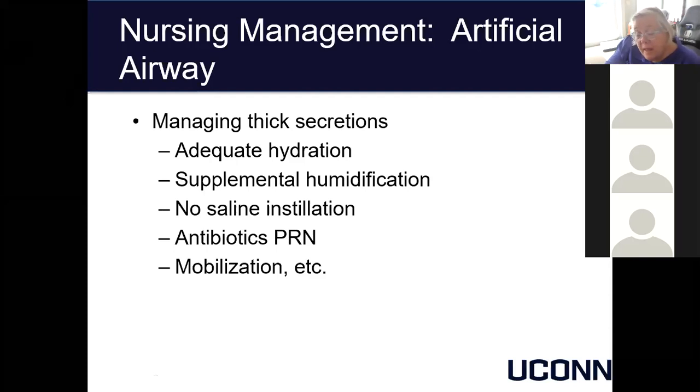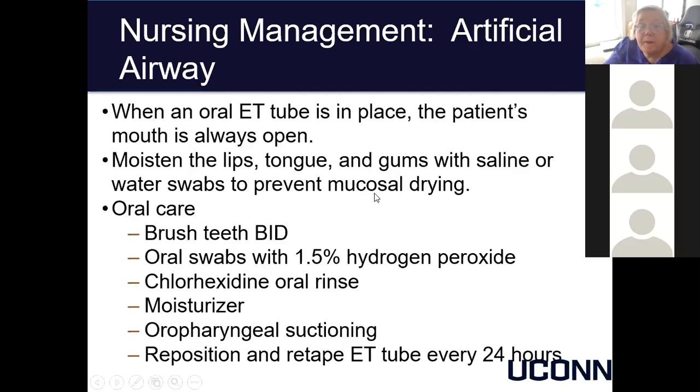And then mobilizing your patients with artificial airways. Certainly with a trach, but even a patient with an endotracheal tube in can get out of bed and sit up a couple of times a day. This is where for sure it takes a village to mobilize these patients. It's not a one-person show, but it is good for the patient to get out of bed, for sure.